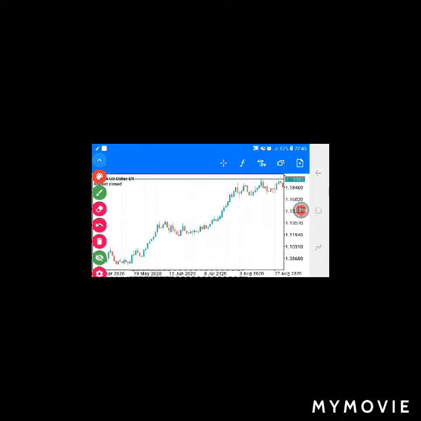We call this a retracement after the market broke this line. As the market is going up, when the market tries to go down, and then we see the market comes up and passes this line, our previous high, we call this a retracement.